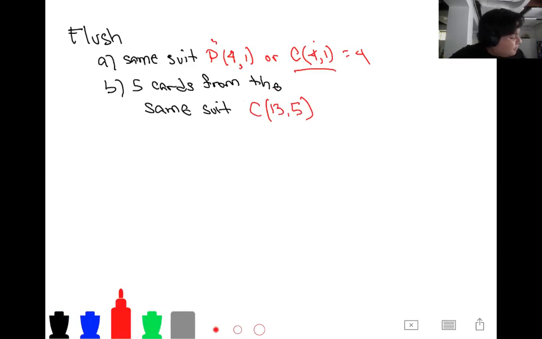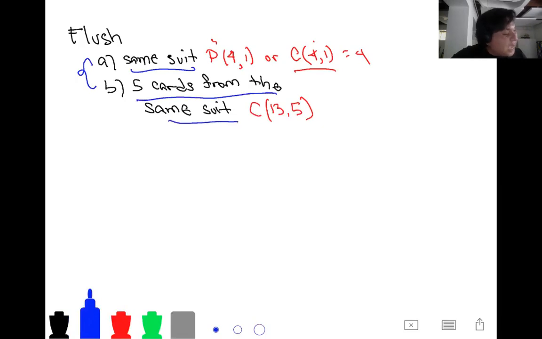So how many ways can we actually draw a flush? It has to be the combination of these two. You need to choose the suit first, then you need to choose 5 cards from that suit. So the total number of ways that you can get a flush should be the product of these two events.